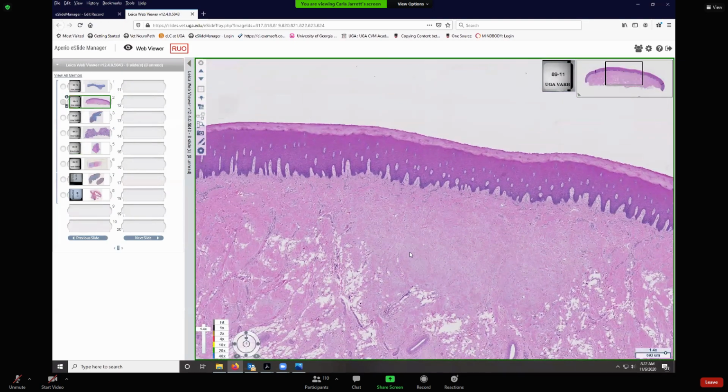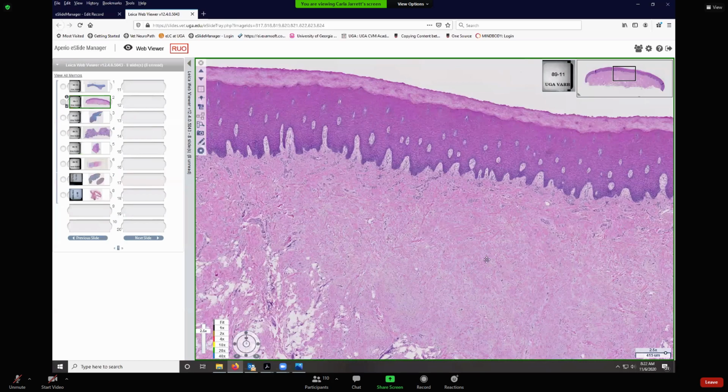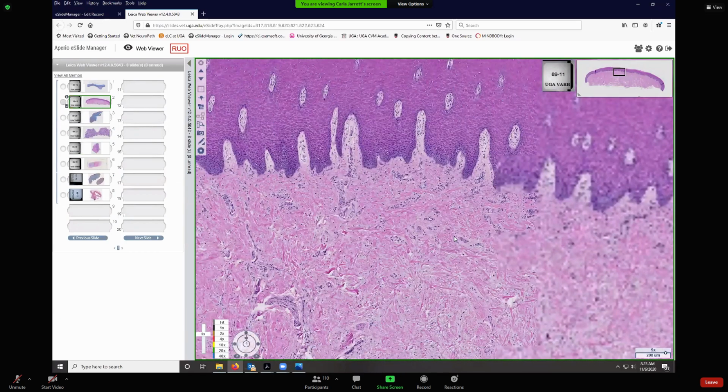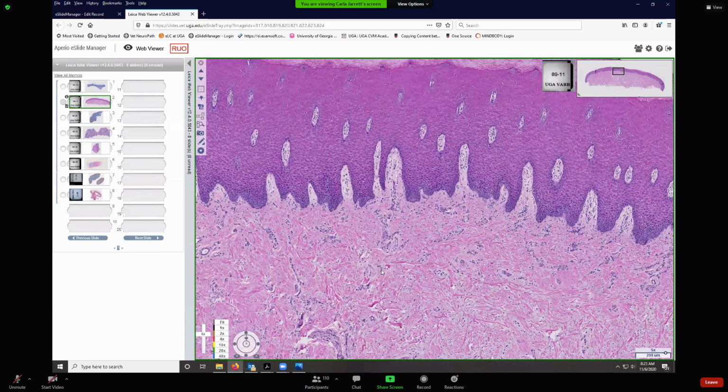This is the dental pad of the ruminant. Even at this power magnification, I can see that I've got a lot of dense irregular connective tissue here, and it looks less dense. It's starting to look loose right here, in what we were calling the dermal papilla.